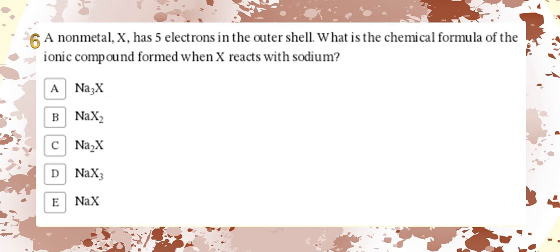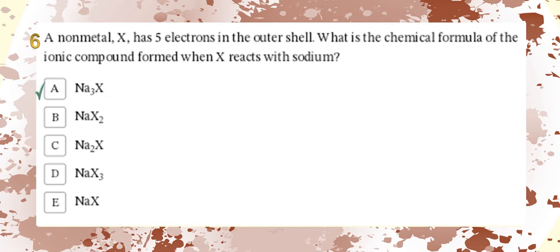So the non-metal reacts with 3 atoms of sodium to gain the 3 electrons. Each sodium atom loses 1 electron, so we need 3 atoms of sodium, and here we will exchange the valences.